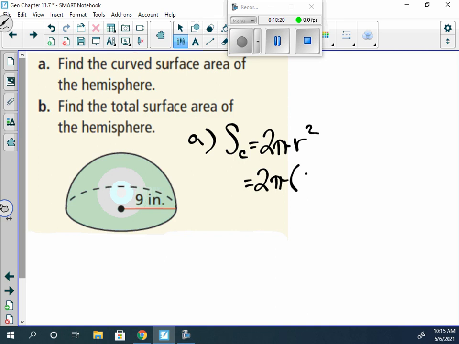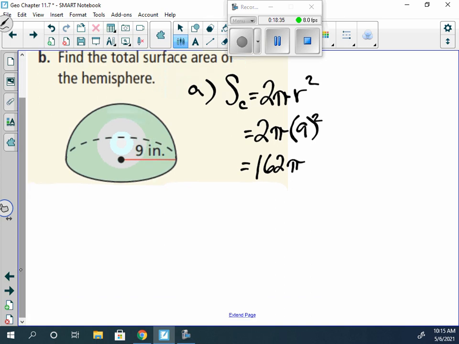And our radius is yep, 162. Because that does need to be squared. Now to find the total surface area, we use 3 pi r squared.